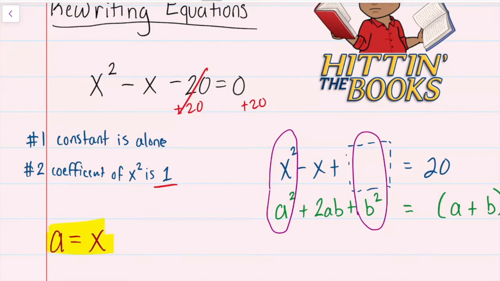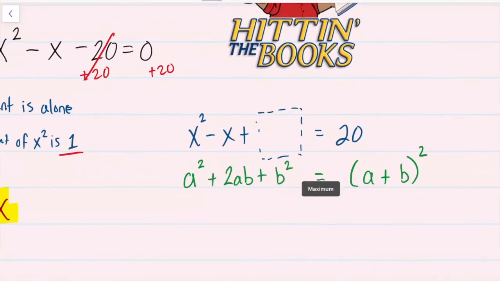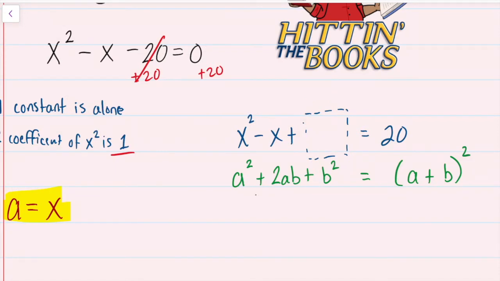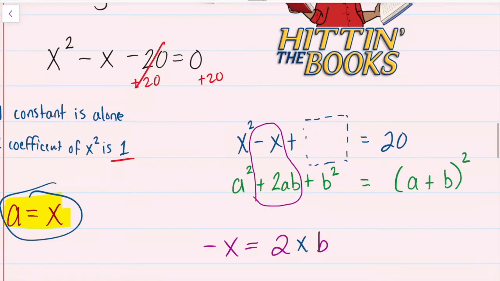How do we figure out our b? To find our b, guys, we can't do it here because this is empty. We can't guess. We're actually going to focus on the middle term, because they're equal to each other. Negative x equals 2ab. And didn't we already discuss that a is the same thing as writing an x in there? Because a equals x.